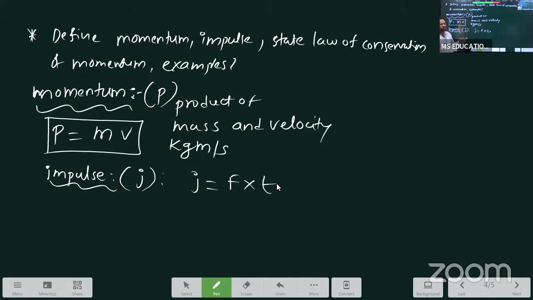For every definition, you go two ways. Simple definition: product of mass into velocity, P equals mv. Then what does impulse mean? J is nothing but force into time.